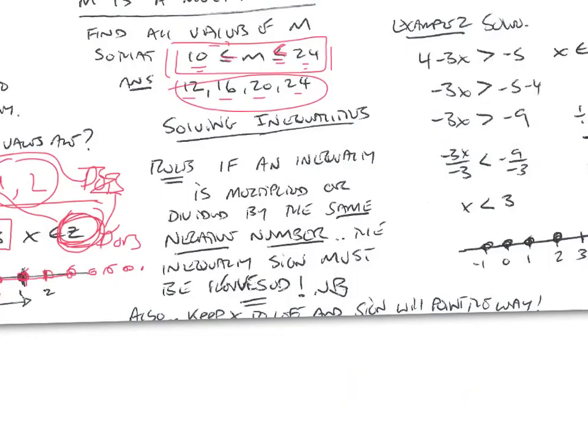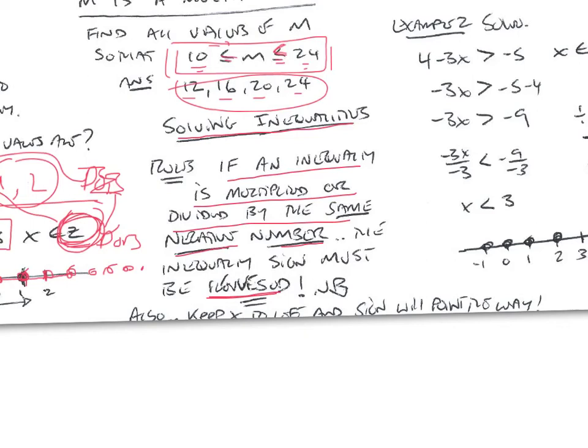So let's work with inequalities now like their equations, in that we'll try and solve the inequalities, okay? And there's a little rule we have to be very aware of: if an inequality is multiplied or divided by the same negative number on both sides, the inequality sign itself must be reversed, okay?